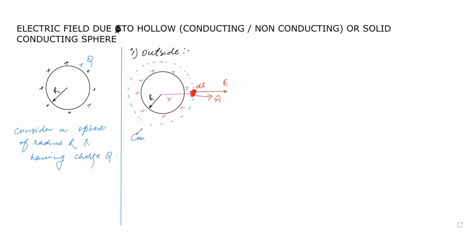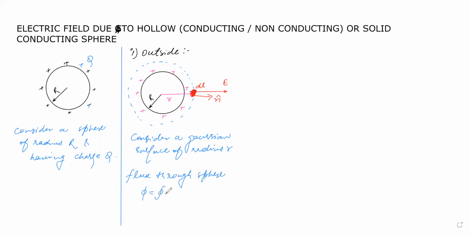Now, we can mention here, consider a Gaussian surface of radius r. This is your radius r. Then what will be the flux through sphere? The flux phi is equal to integration of E dot ds. We already know the angle between E and area vector is 0 degree.